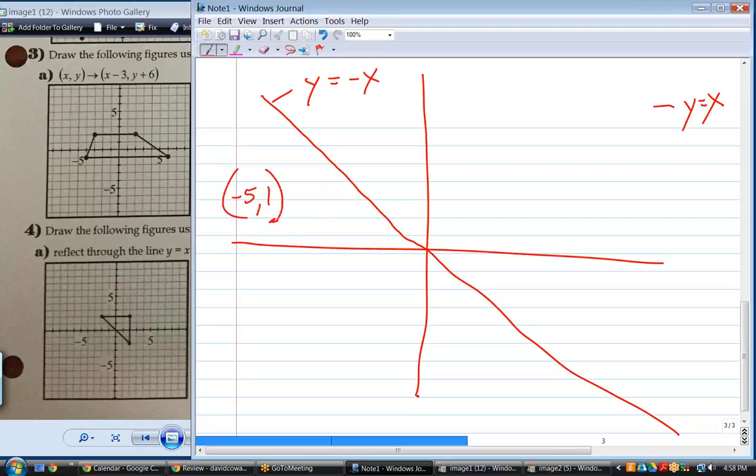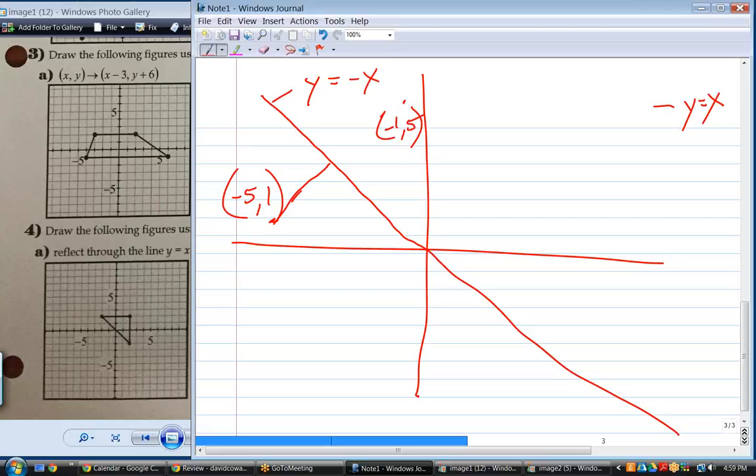Well, I can tell where it's supposed to go, right? Up here. The way you reflect them is you draw perpendicular to that line, and whatever that distance is, you go the same distance perpendicularly on the other side. Well, if I know the numbers don't change, what does that have to be? -1, 5. So that tells us the rule.